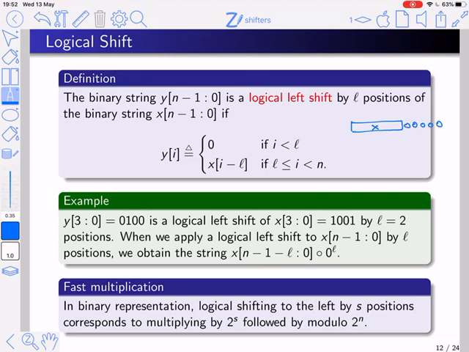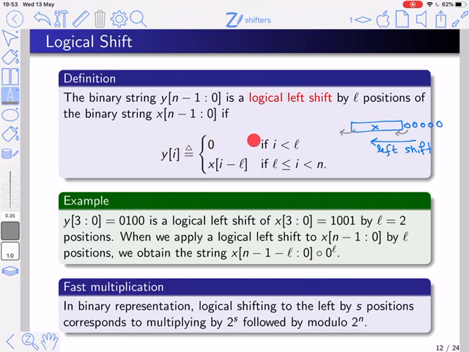And now when I perform the shift to the left, the zeros start entering the lower index positions of x, and the higher index positions of x are simply lost. Okay, and this is what is written over here.